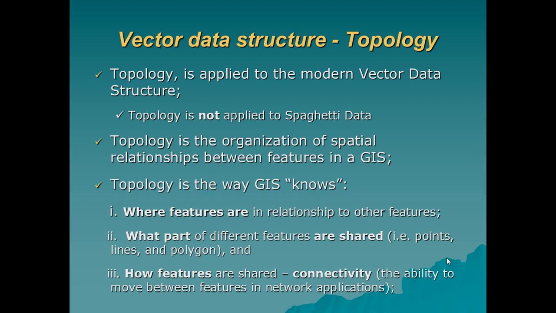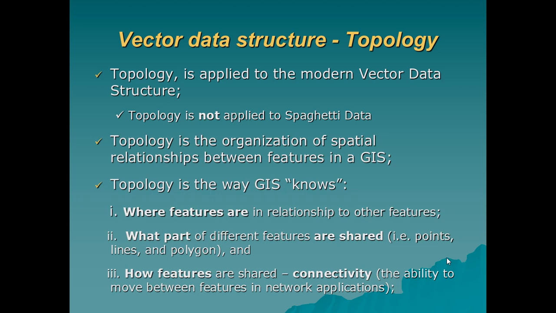What are some of these spatial relationships? For example, it can tell us where features are in relation to each other. It can tell us what parts of different features are shared. For example, points can be shared by lines. Lines can share points. Lines can be related to polygons. Polygons related to lines, and so on.